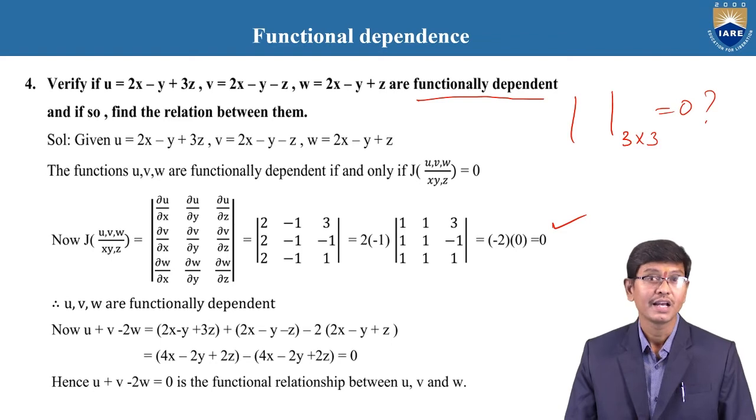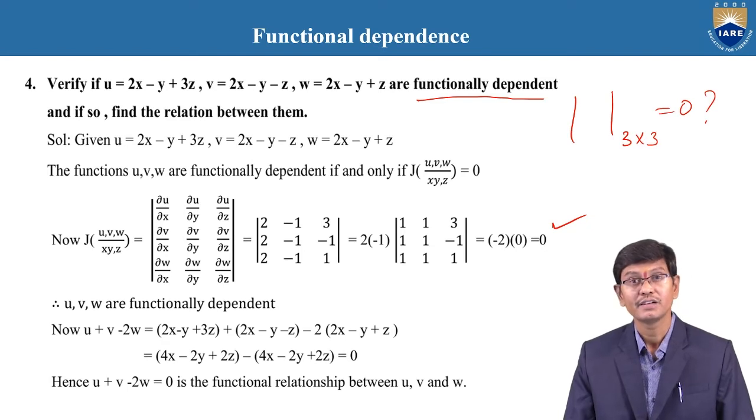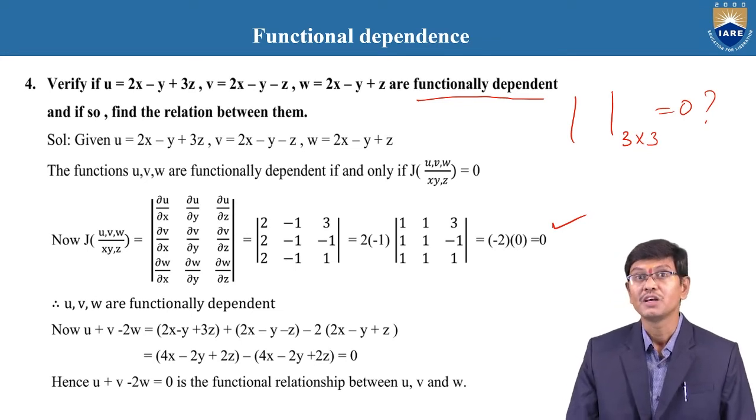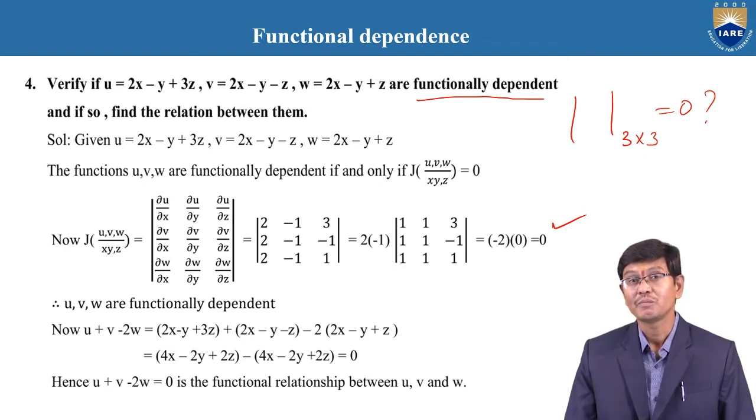And here, since they are functionally dependent, it is possible to write the relation between the given dependent variables u, v, w. Observing the given variables, by adding u plus v and subtracting 2w, we get 2x minus y plus 3z plus 2x minus y minus z minus 2 into 2x minus y plus z. By addition and subtraction, the final result is clearly 0.